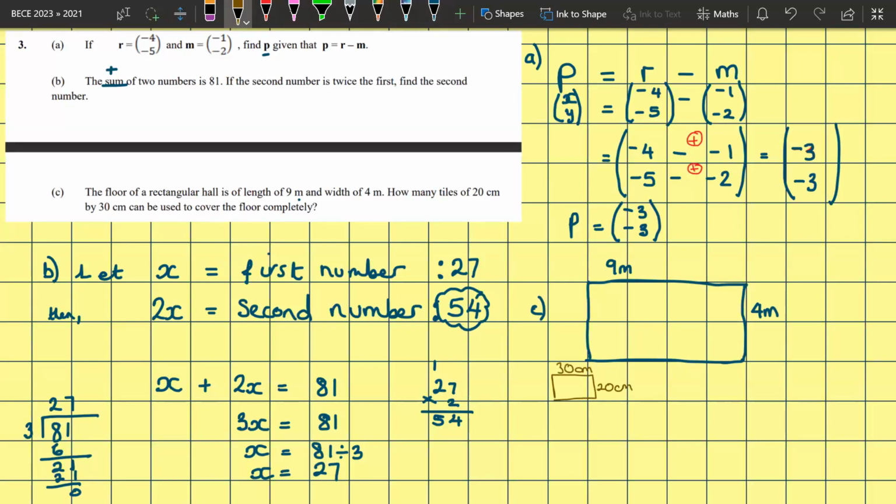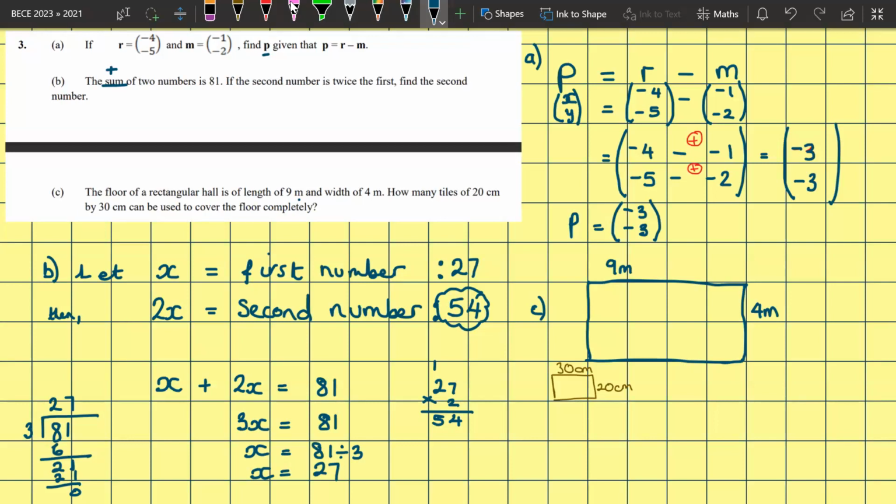Okay, so we noticed the units are different. That's in centimeters, that's in meters. So it will be quite challenging to carry out your calculation when the units are different. So step 1, you need to convert one of the units so that they are both the same. In this case, I'm going to convert the meters into centimeters.